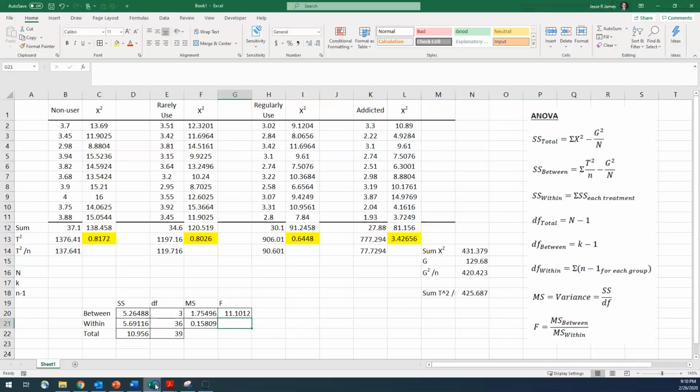Indeed, when I didn't round at all here, I have slightly different values, but they're approximately the same as those given in the answer key, and so you should be able to figure out now how to compute every part of your ANOVA based on whether you're rounding or not. It's going to be a little bit different, but you should be able to figure out now, based on this video, how you can compute the ANOVA. Okay, take care.